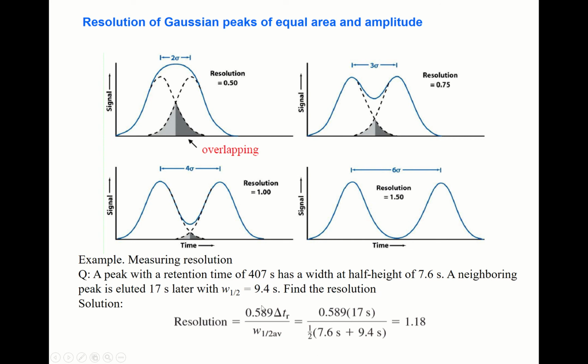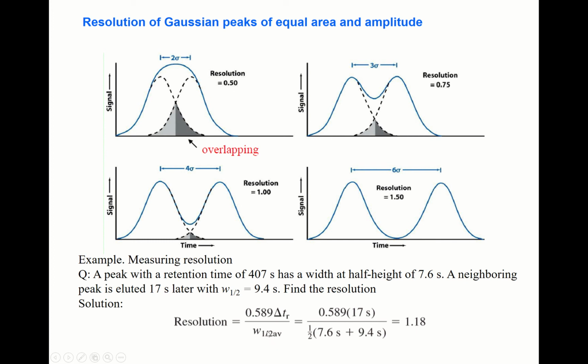We use this equation. This is the constant, 0.589, and delta TR is 17 seconds, because the first one is at 407 seconds and the next one is 17 seconds later. We divide by the average of W1/2.